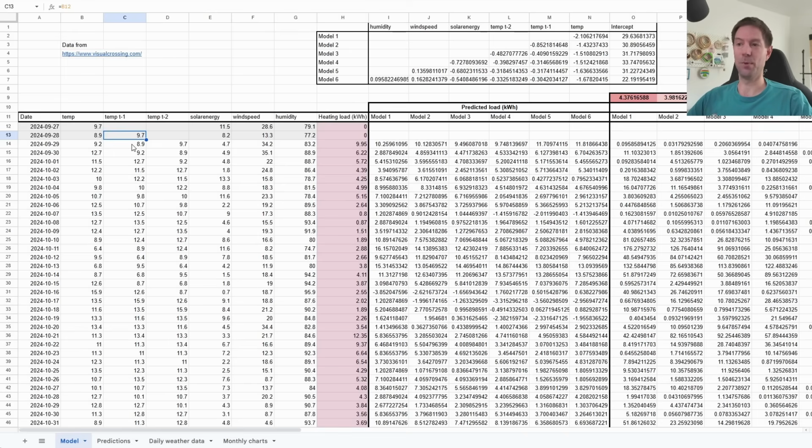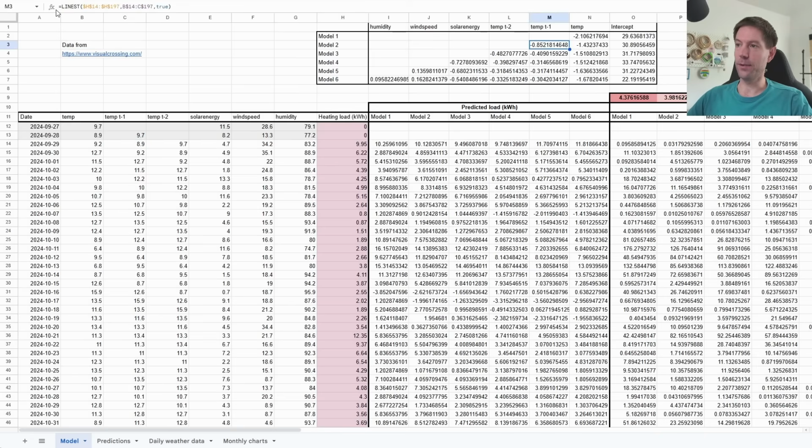So in other words, if it was colder yesterday, then you would expect to use a little bit more heating because you're needing to replace the energy that would have been lost through the walls that previous day. Hopefully that makes sense.